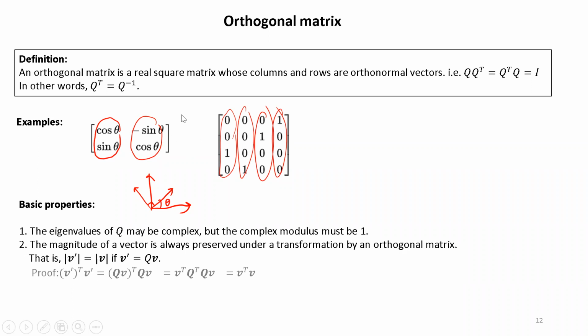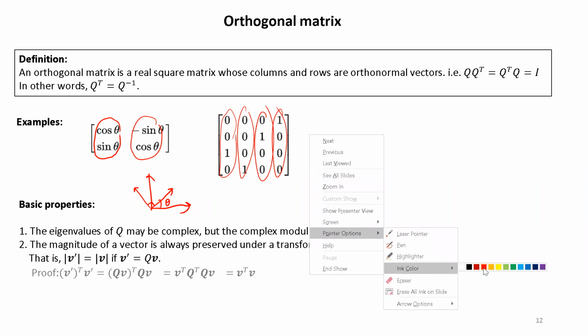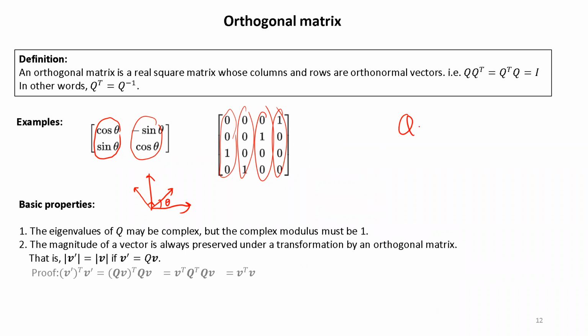If you take this Q matrix and do the product with this vector, what you have after transformation is some vector v prime.